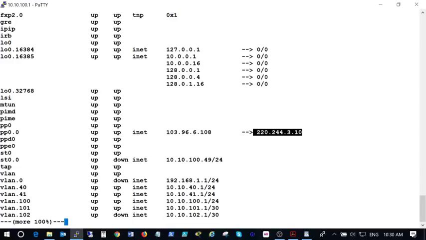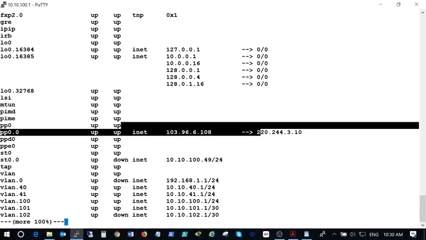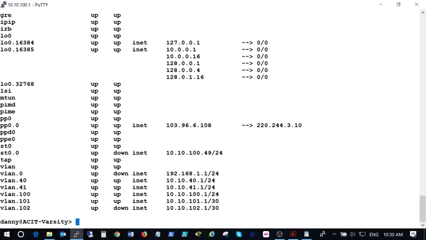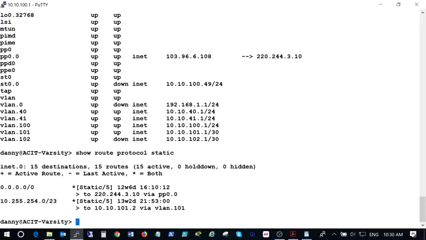So that is really where all of our traffic is sent. Our static route basically says send all traffic to here, which is at the ISP. That's the ISP router's interface address that we're connected to. Do we have a static route to reach that one? Yeah, there is. Show route protocol static.